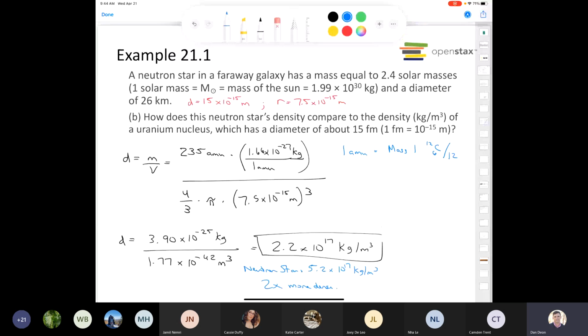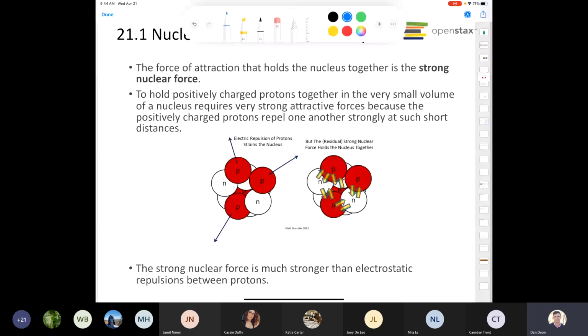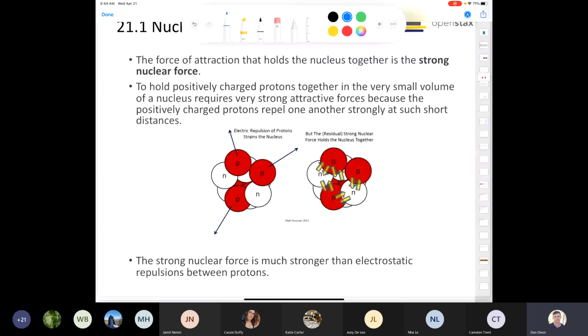Well, what is it that holds the nucleons together in the nucleus? We have protons and neutrons in our nucleus. What holds them in there? Because we know that protons are positively charged, they're going to repel each other; like charges repel.